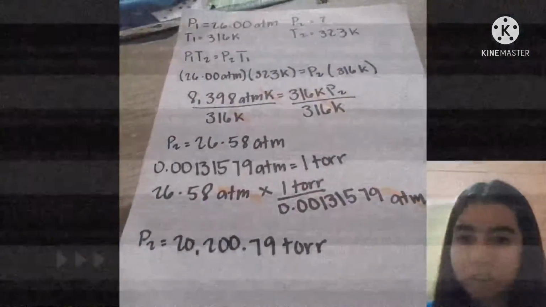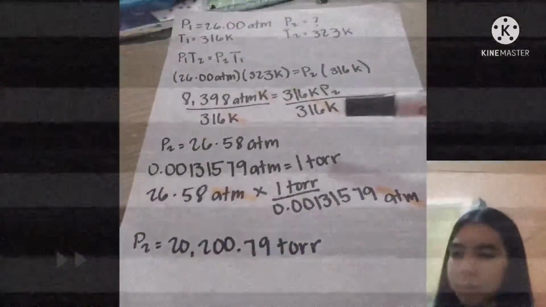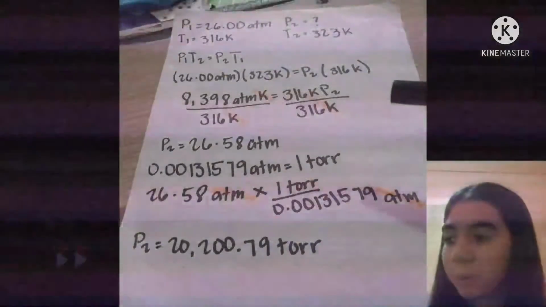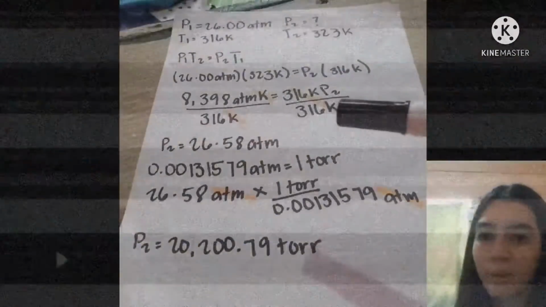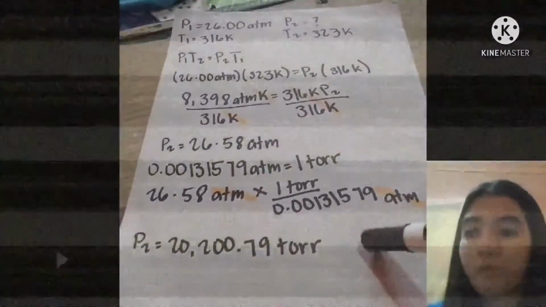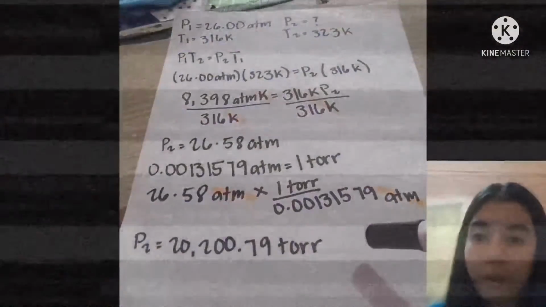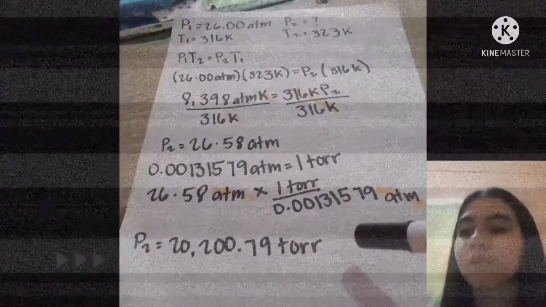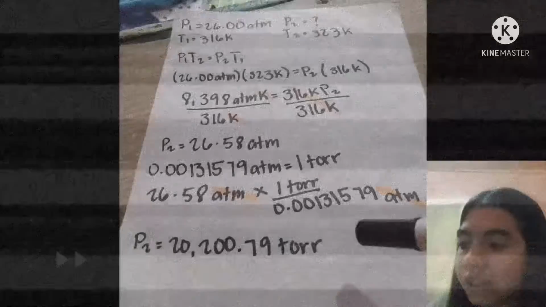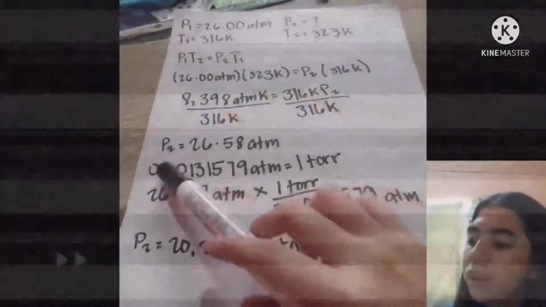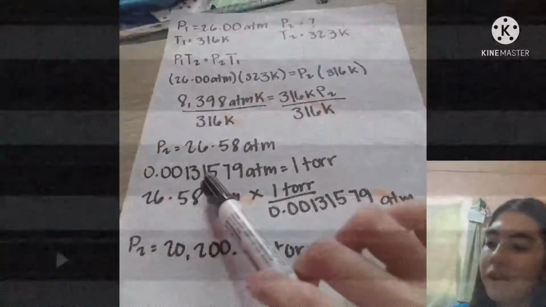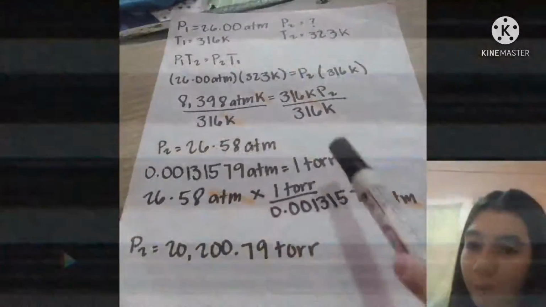Hindi pa tayo tapos. Nakuha na natin yung final pressure pero hindi pa natin tapos kasi going back to the problem, sabi, convert atm to torr. So, kailangan ng final answer natin ay torr. So, i-convert natin siya. 0.00131579 atm is equals to 1 torr.